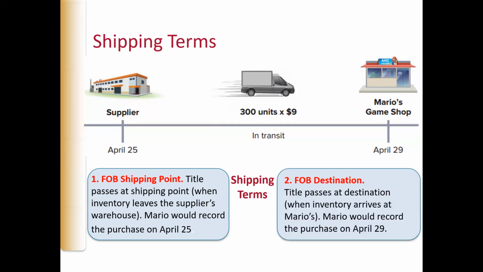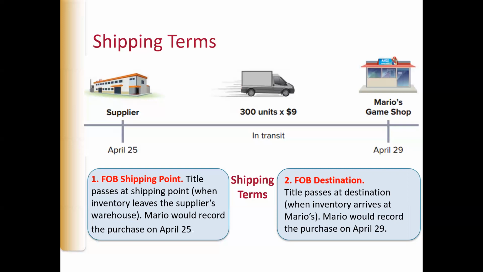If the shipping shows FOB free on board to the destination, then what that means is the supplier is responsible for those goods until it gets to Mario's warehouse, Mario's dock.